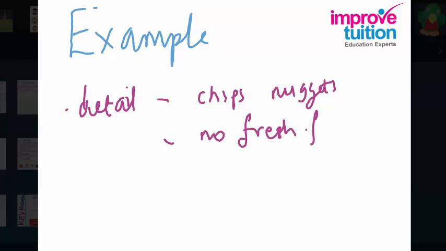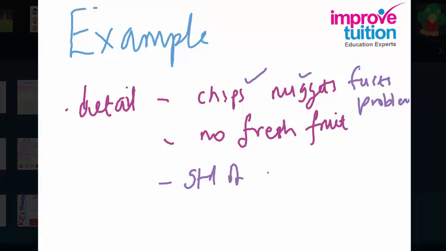And we've also mentioned that the chips and nuggets are always very greasy and unappetizing. So you've said some facts, you've mentioned some things that are the problem. The standard of desserts is also poor, so that's an opinion. We have had prunes and semolina every day for a month. Now that's covered with facts. So that's facts in the second paragraph.